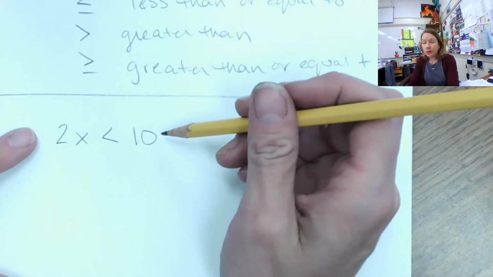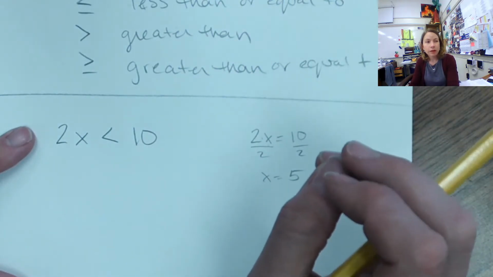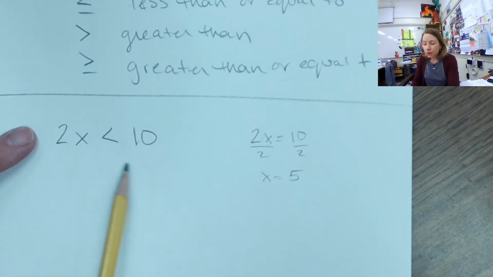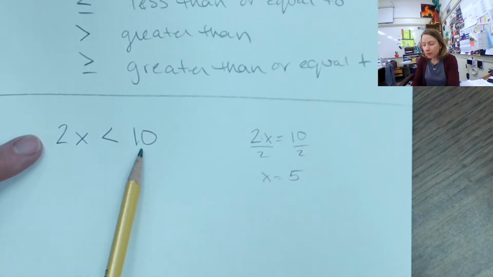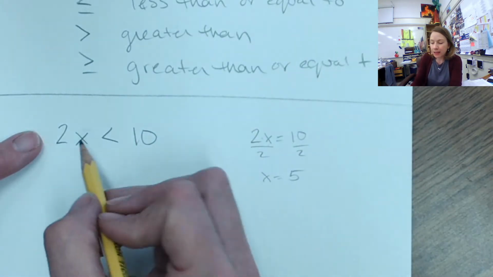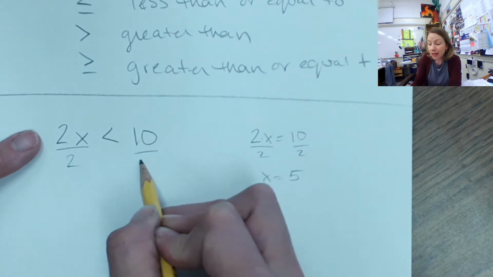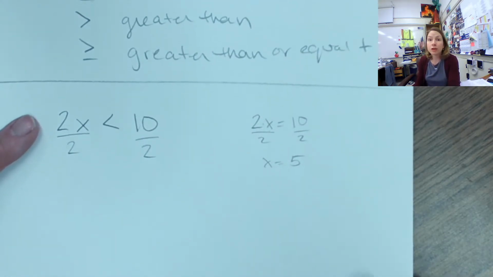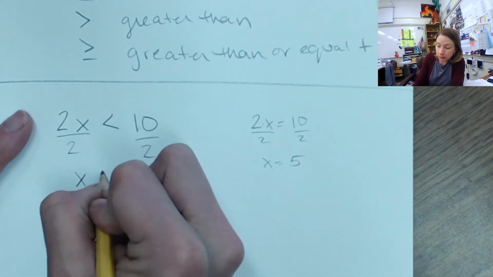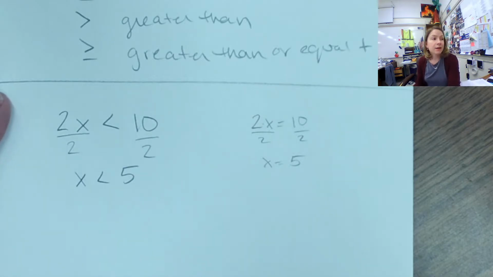With inequalities, there's only one small difference, and I'll show you here in a little bit, but the only thing that we have to do as we are trying to get x by itself is we follow the same steps. They're very, very much like solving equations. If you treat them the same way, you'll do very well. So I've got that x is less than 5.